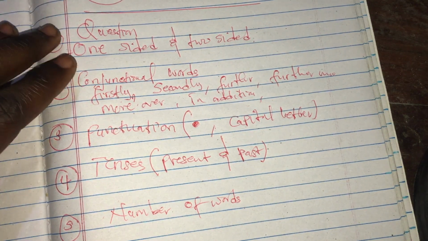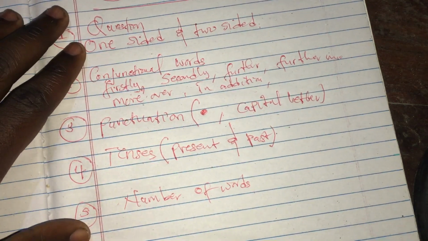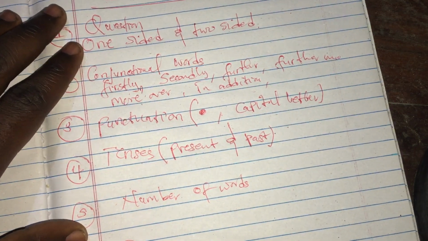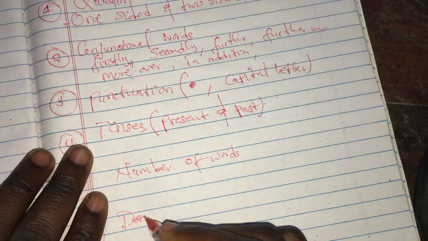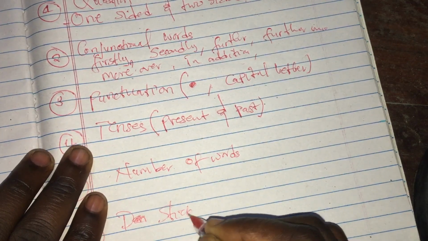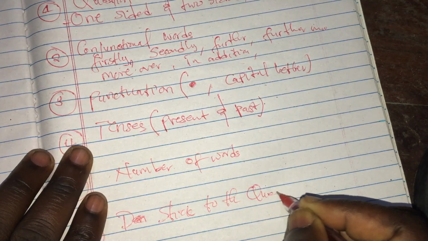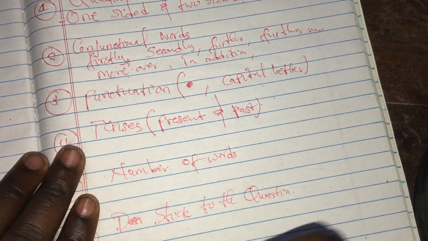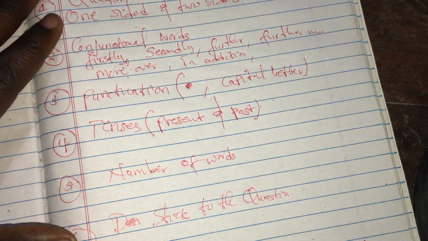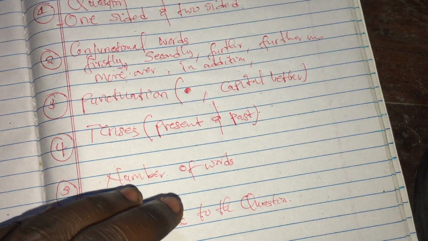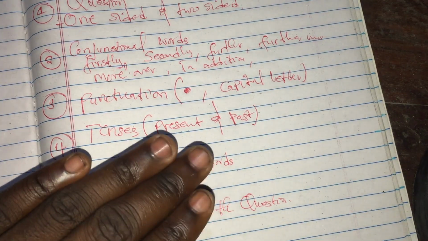Then lastly, do not add your own. You must stick to the question. In short, stick to the question. Don't come up with your own thoughts or ideas. If you're talking about cholera, focus on cholera.